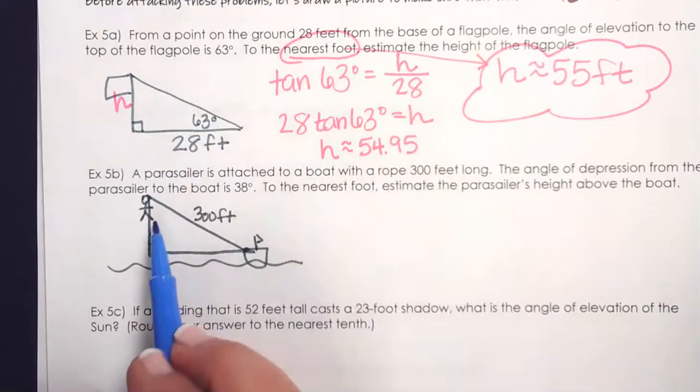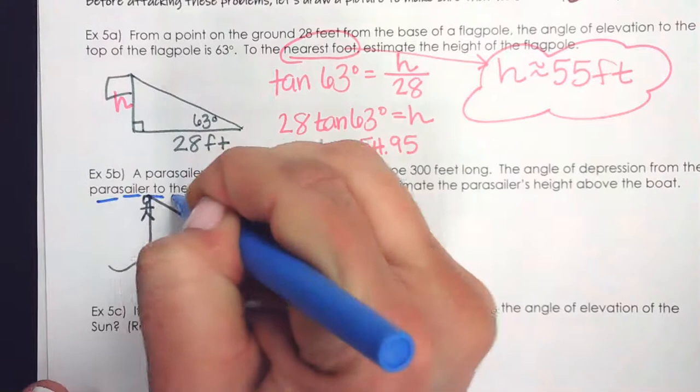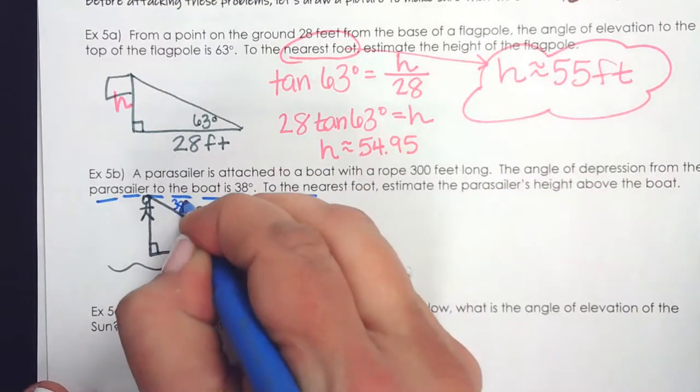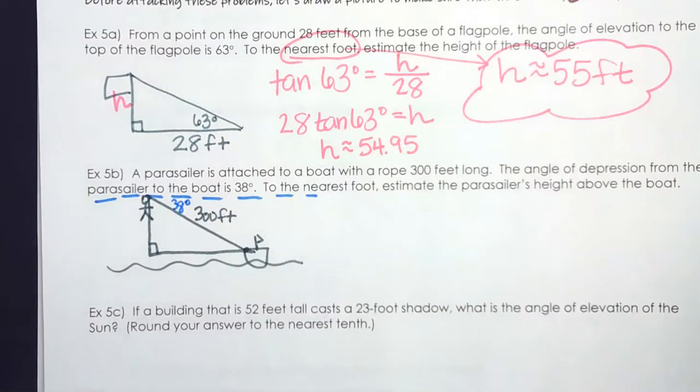That does not mean that this angle in here is 38 degrees. That means if you drew a horizontal line, that angle is 38 degrees. It's very important that we always measure our angle of elevation and depression from our horizontal line.